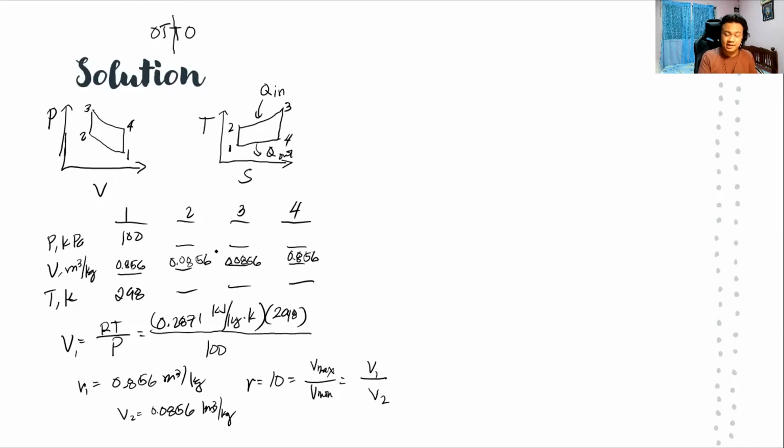Okay, that's it. So now we'll go to our states, diba? First, we'll go from 1 to 2, this step and this step also. As you can see, it is adiabatic and polytropic. Adiabatic here, diba? Zero ang entropy niya.